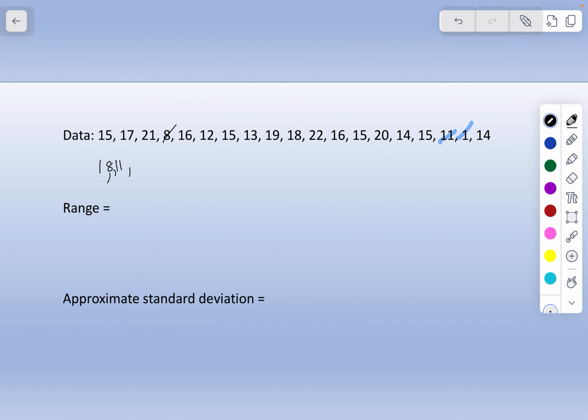Let's see. So next we got a 12 right here, 13, a 14, we got a 15, a 15, another 15, we got a 16, a 16, a 17, oh, I missed a 15.